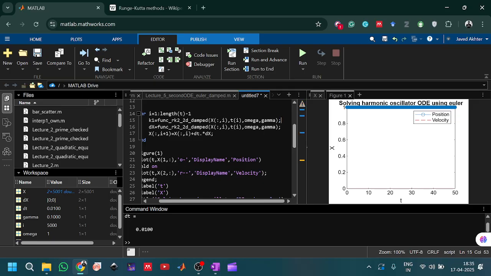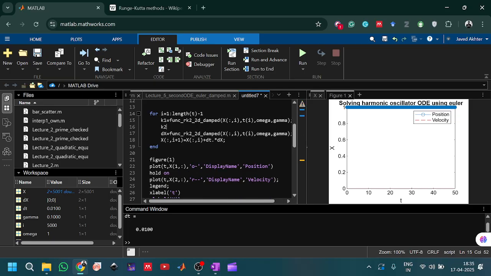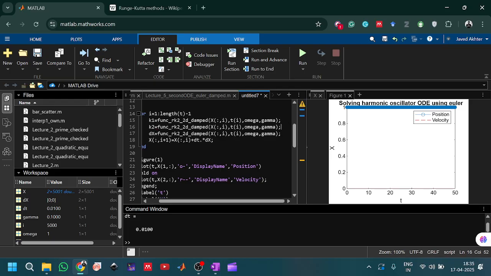Then you will have K2, which will be this function evaluated at Ti plus 0.5 dot star dt. So this is your updated t value, and here what will you write?